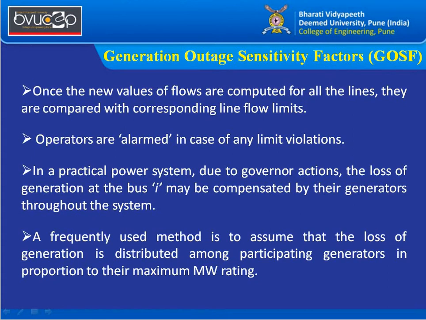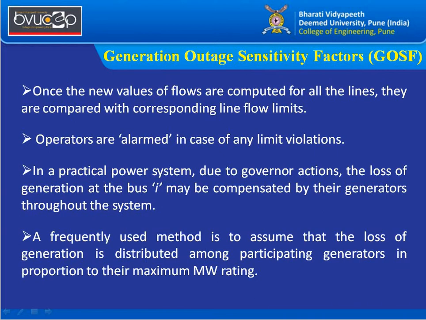In a practical power system, due to governor action, the loss of generation at bus I may be compensated by generations throughout the system. Suppose there is a problem with one generator; it may not be possible for that generator to supply the power required by the load. So other generators should be used in such a way that whatever the demand is will be satisfied by using the reserve capacity.